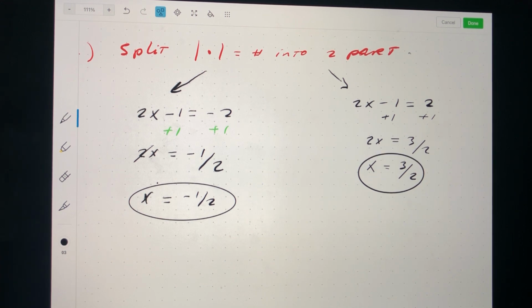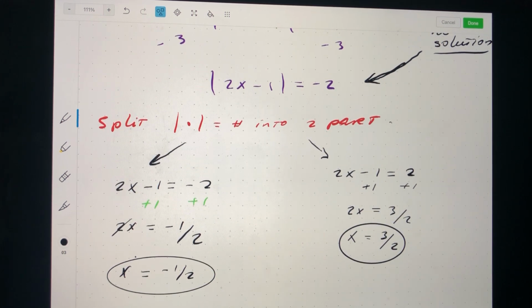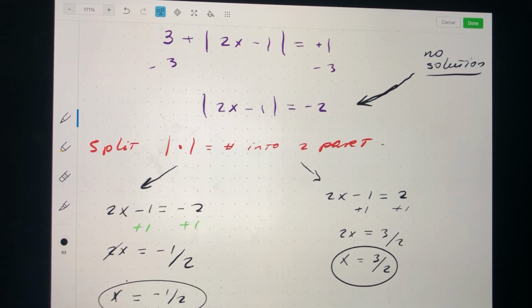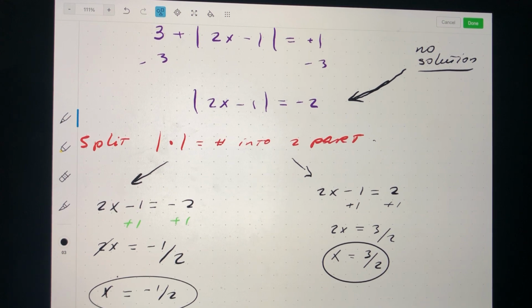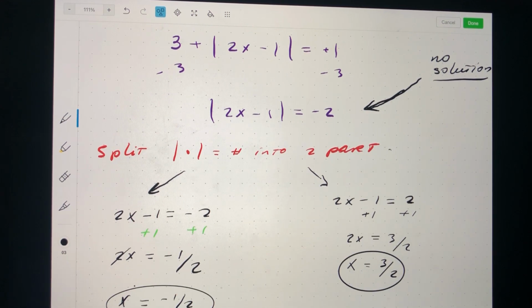Now, in order for us to actually conclude that we found the 2 solutions, they must work in the original equation. So to test them, we have to plug in each one of these answers back for the x in our original equation. If we substitute negative half, what would that be?